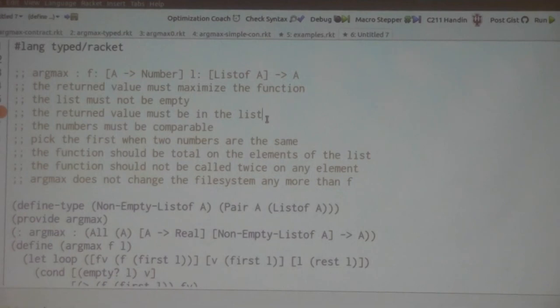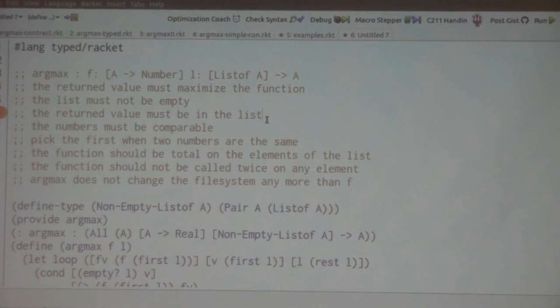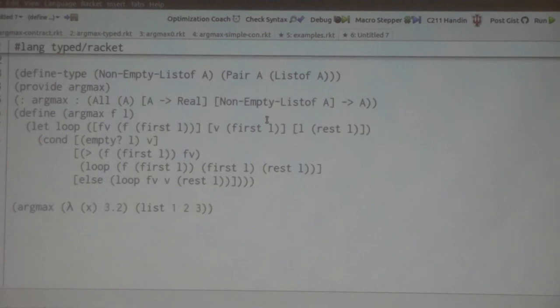Yeah? Will it fail to compile with the empty list only if it statically knows it's not empty, or if it can't statically determine if the list is empty, will it always compile or always fail to compile? It will always fail, this type says it has to be non-empty. So let's try that.